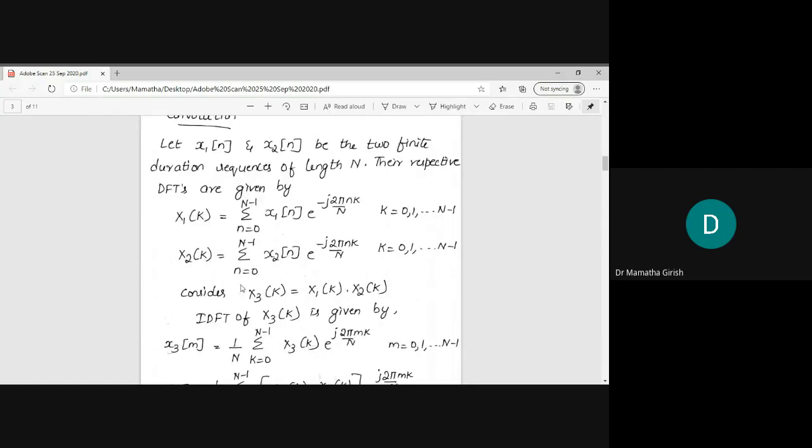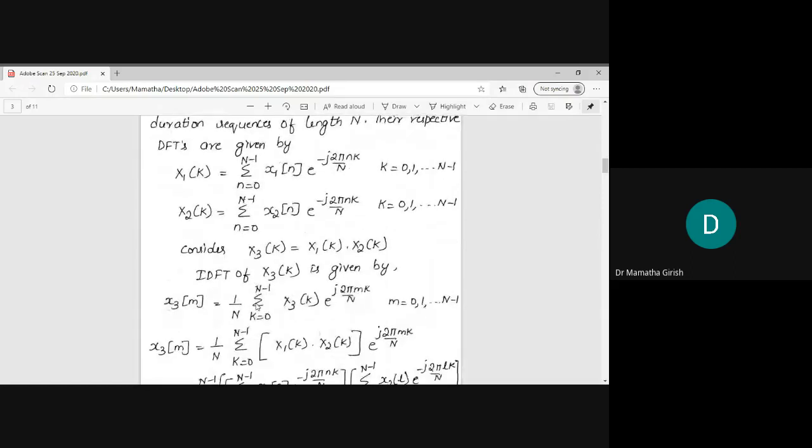Now I'll be introducing a new term called X3 of k. What is X3 of k? It is represented here as the product of the DFT of sequence 1 with the DFT of sequence 2. The product of the DFTs of these two finite duration sequences is represented by a variable X3 of k.